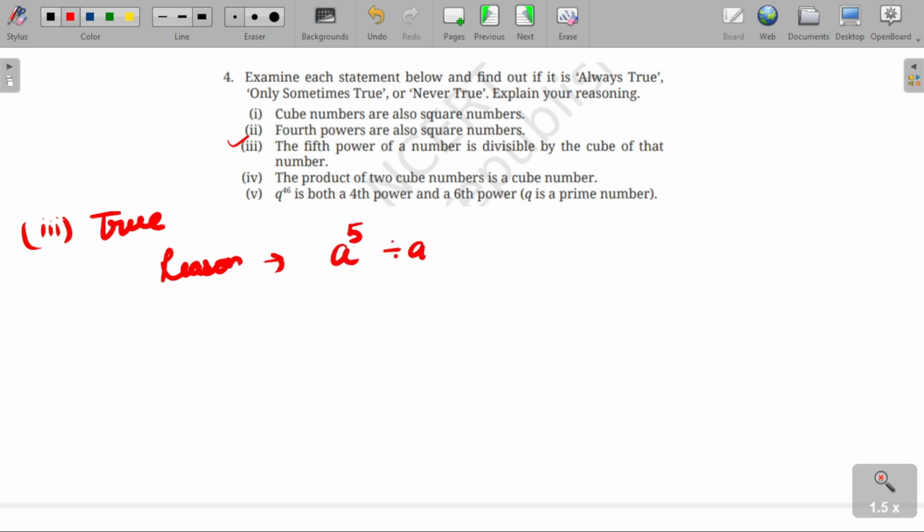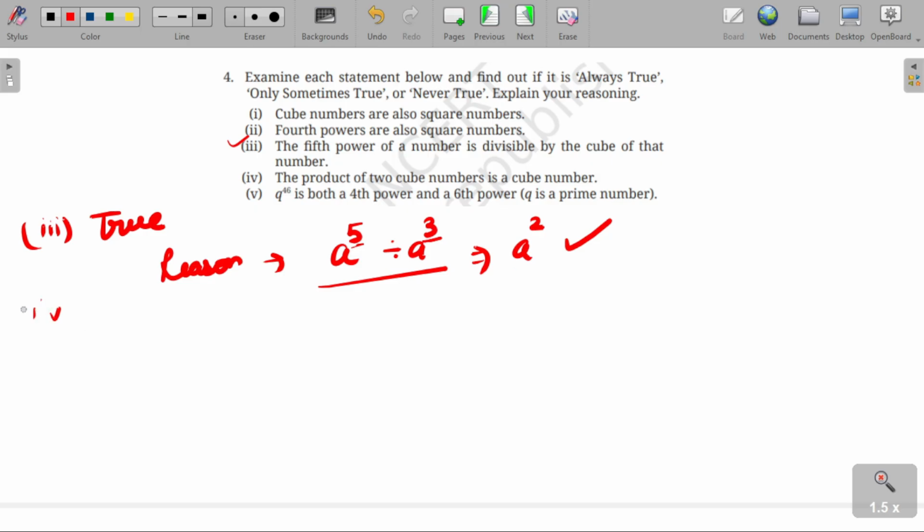When divided by a cube, we get a raised to 2, which means this is wholly divisible, right? Fifth power contains at least 3 powers of the base. So it is divisible by the cube. So this is holding. Fine.